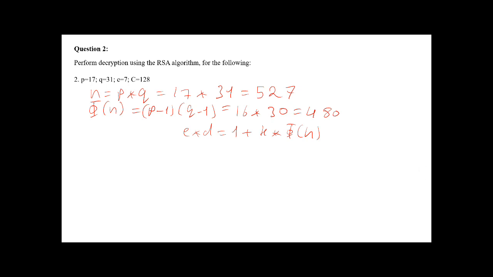We have the E equal to 7, so it's 7 multiplied by D equal to 1 plus K. We don't have K, so it's K multiplied by Euler's totient of N, which is 480. So just like the first one, we have an equation containing two unknowns and we need to solve it. So we go to the Euclidean algorithm.